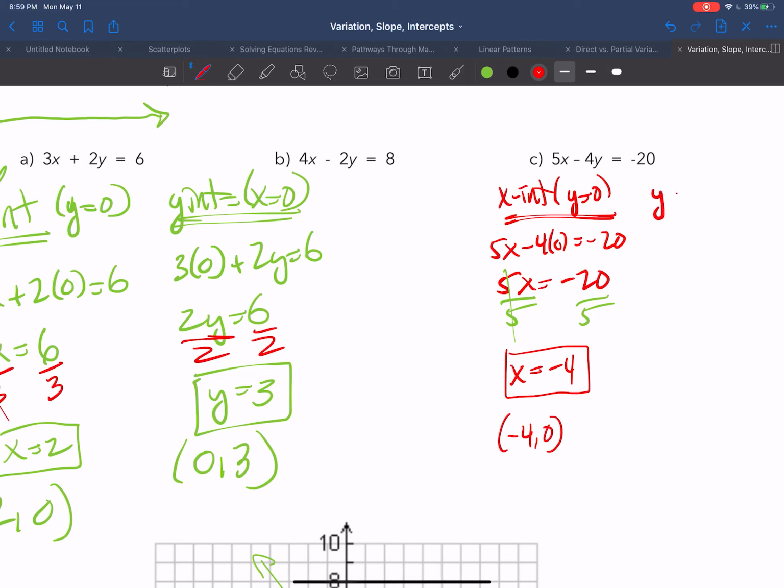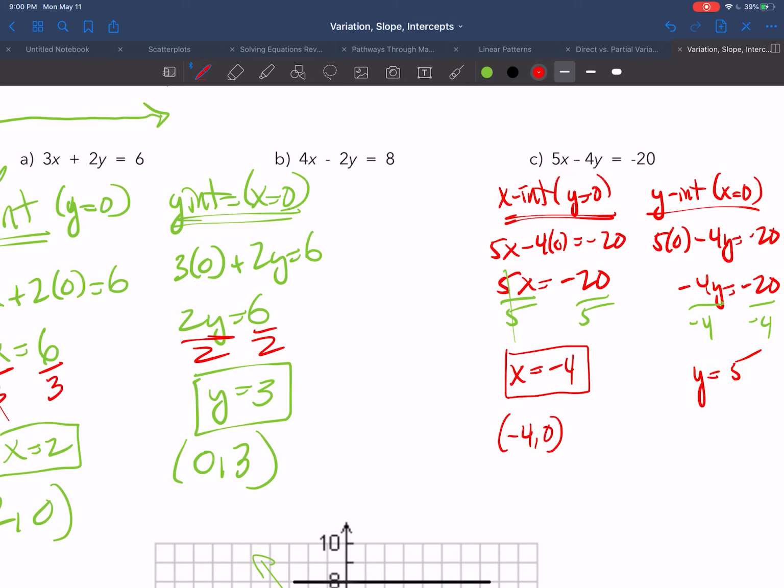So now I know that the point negative 4, 0 is on the graph. Same thing for y now. Make x equal to 0. So negative 4y is equal to negative 20. Divide out the negative 4. So y equals positive 5. So I know a point now is 0, 5.